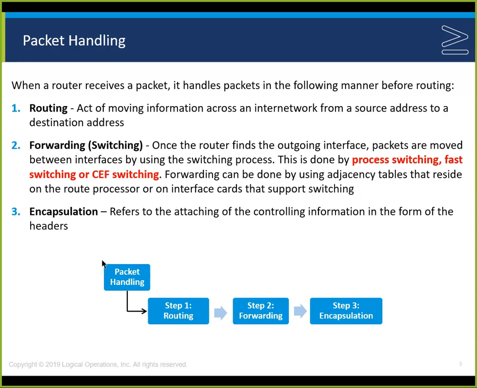And then we have to have encapsulation, attaching the controlling information. The protocols that we will typically see are HDLC, High-Level Data Link Control. HDLC is the Cisco proprietary one. Every vendor has an HDLC, and all of the HDLCs are proprietary.